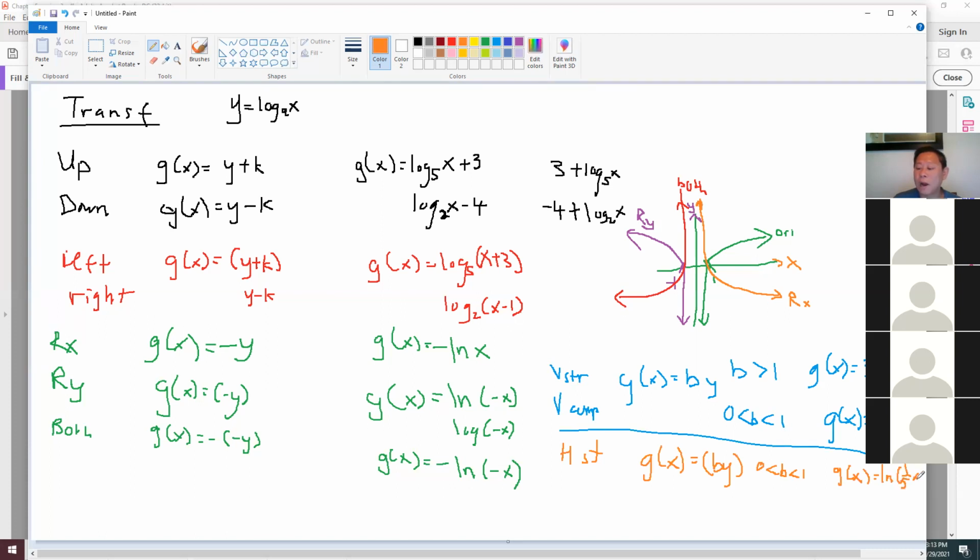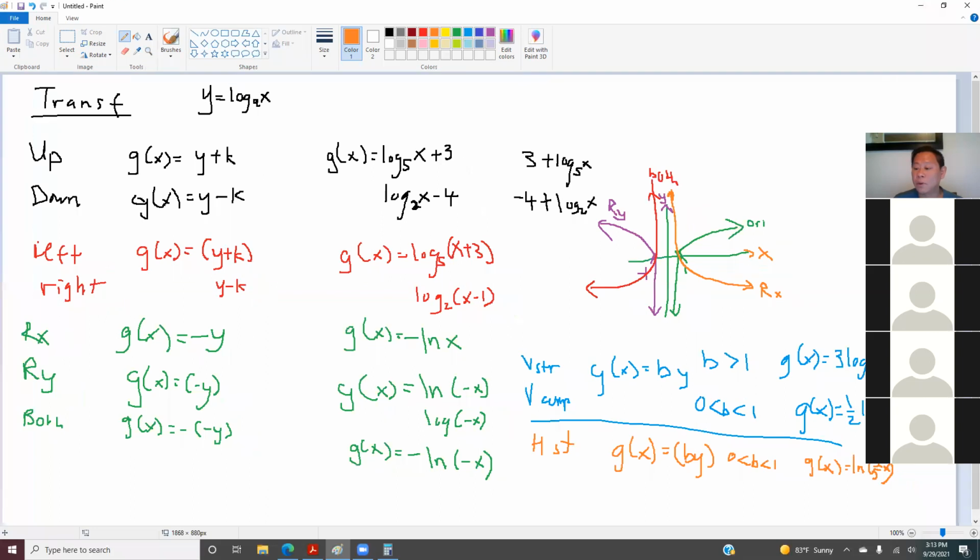So if your multiplier here is between 0 and 1, then it will be what we call a horizontal stretch. And for a horizontal compress, your b will be greater than 1. So make sure it's inside your log function, like 5x like that. So that will be a horizontal compress here. Again, we do follow the order of operations, PEMDAS.